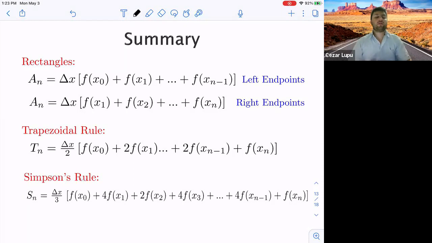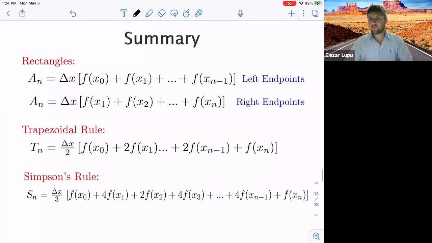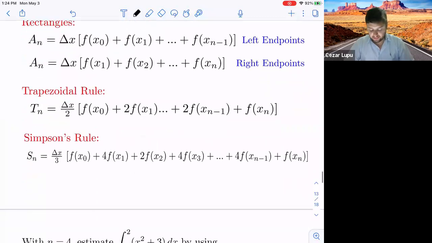But even better, you can use Simpson's rule, which is nothing else than just a combination between the trapezoidal rule and the rectangle rule, which is given by that formula that you see. All right, so in summary, we have covered this. And now maybe we should do an example.